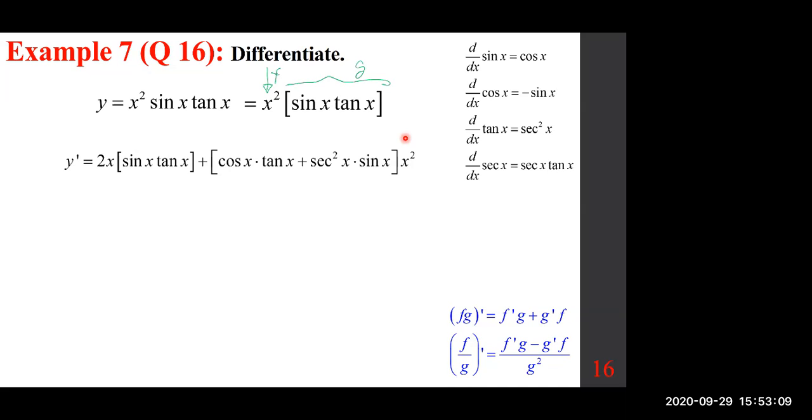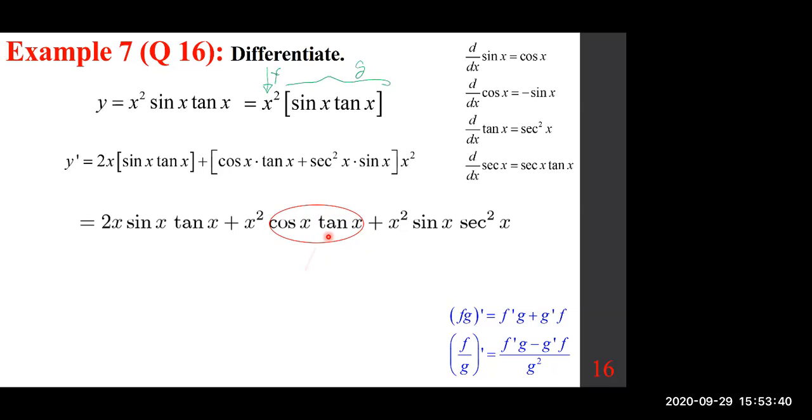Now, it's just a matter of distribution. Let's do that. So what do we get? 2x sine x tan x, x squared cosine x tan x, x squared secant squared sine x. And we showed cosine and tan, their product is sine. Everybody remembers that, right? We showed that, because all you have to do is replace the tan with sine over cosine.